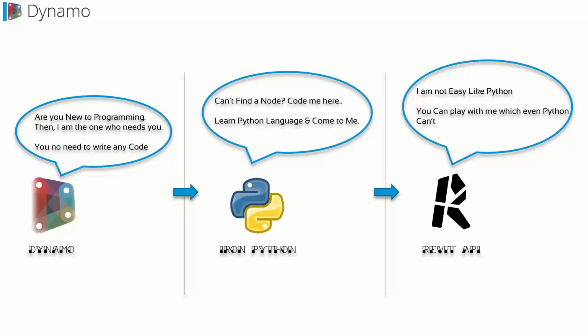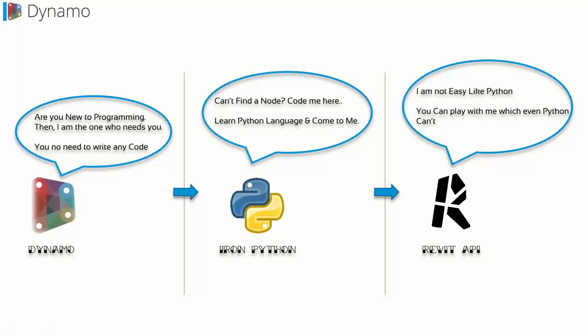You don't need to learn even 1% of any programming language to play with Dynamo. But in our training program, I'm going to teach you the programming concepts up to the extent required.